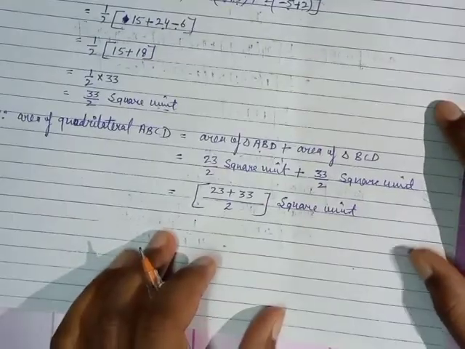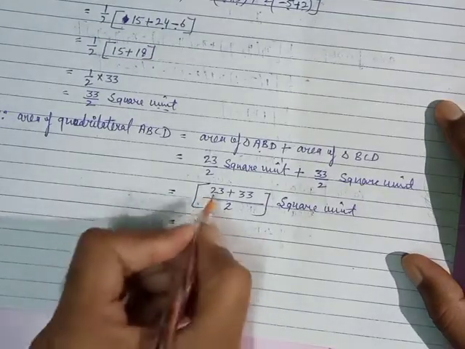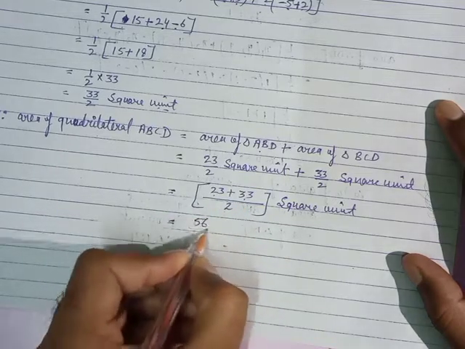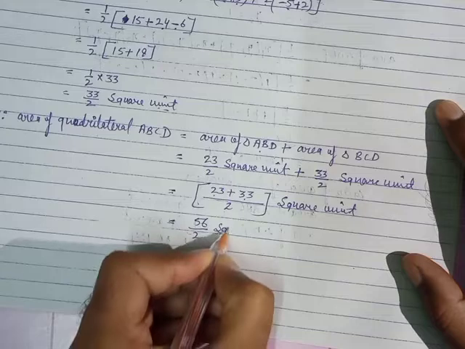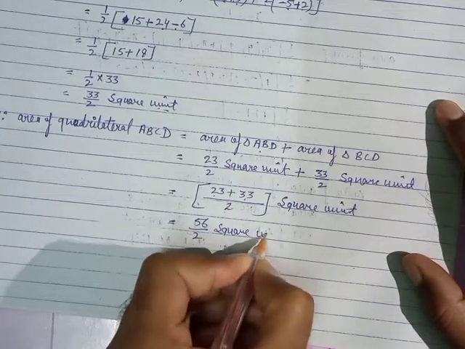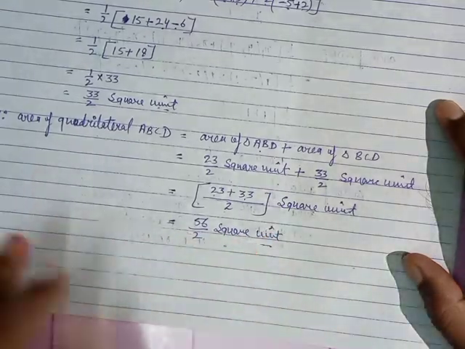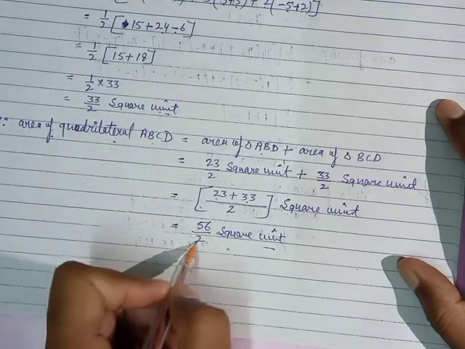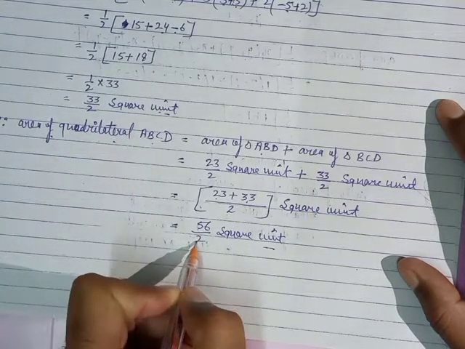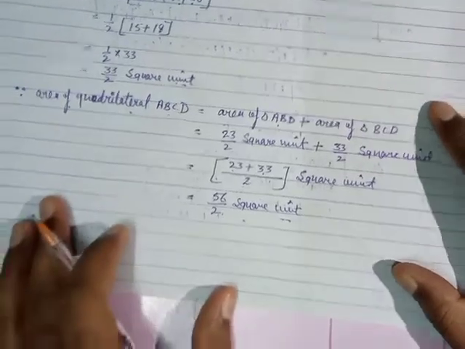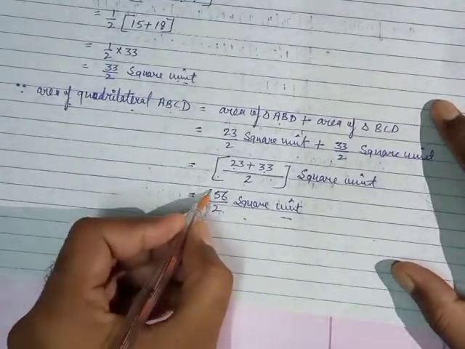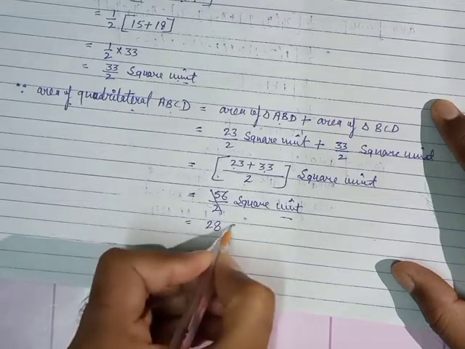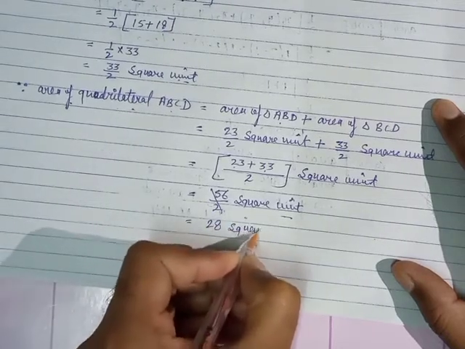Now you can see here 23 and 33 will be 56 upon 2 square unit. That means the area of the quadrilateral ABCD will be 56 upon 2. Is that clear? Now when we cancel here, we get 28 square unit.